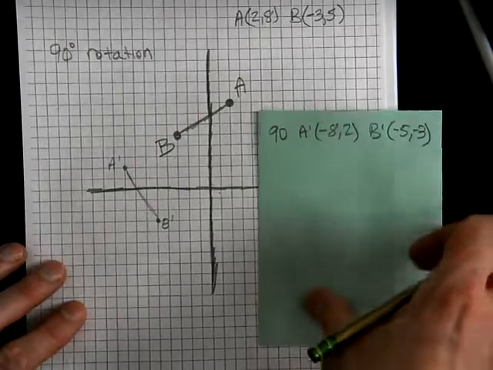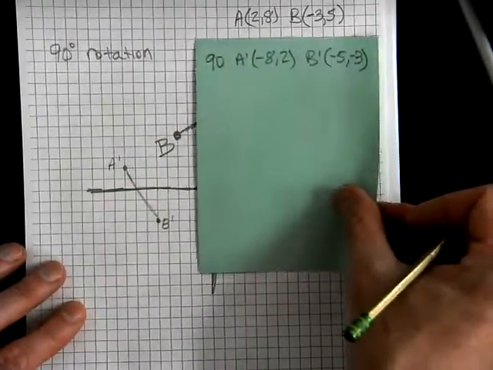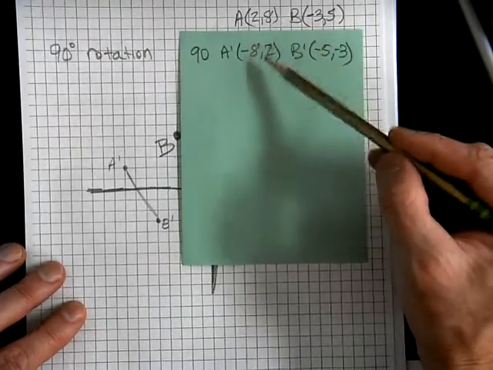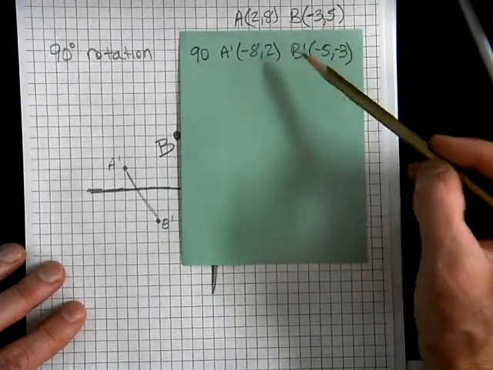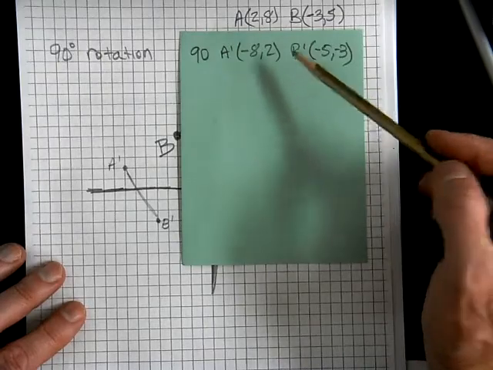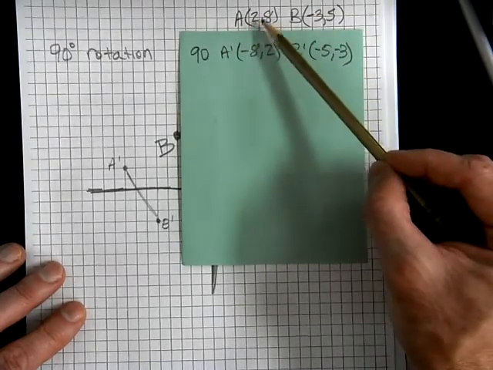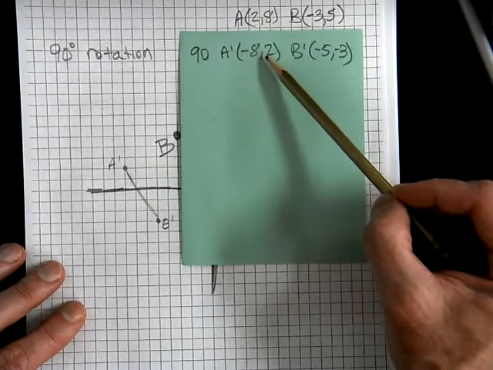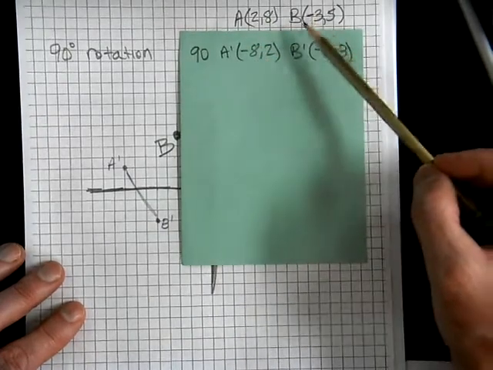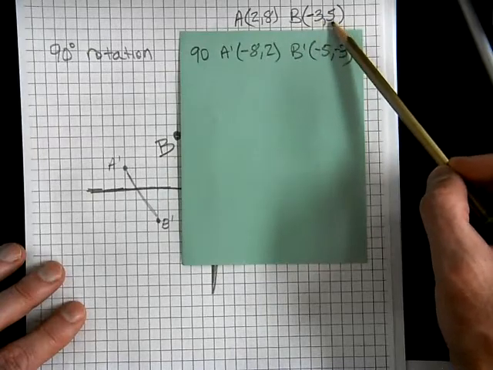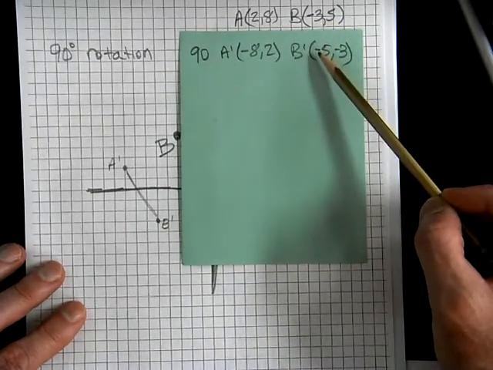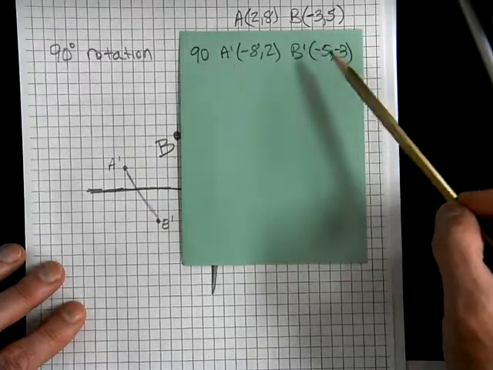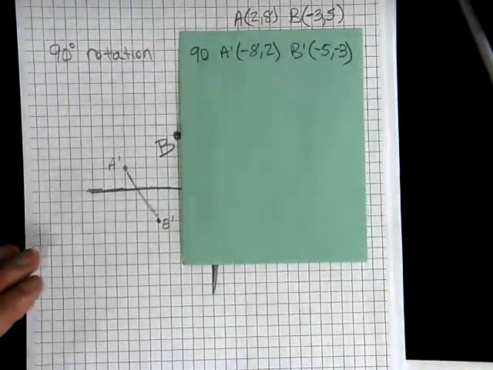Can you tell me from our original points to our new image, what was the pattern? What did we do that was different? Take a look. We went from (2, 8) and changed it to (-8, 2). And here we went from (-3, 5) and changed it to (-5, -3). So what pattern did we just do?